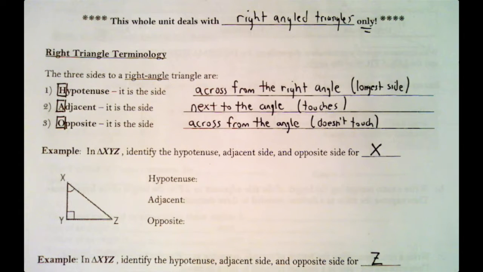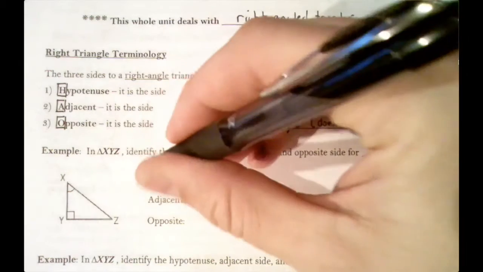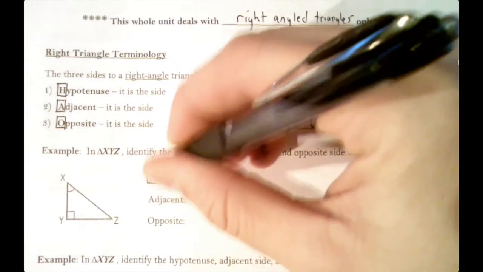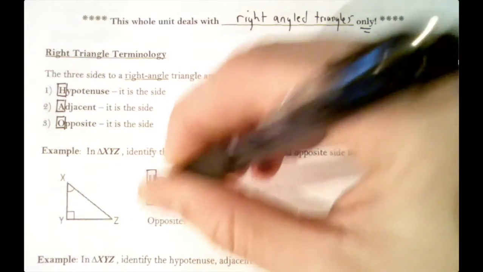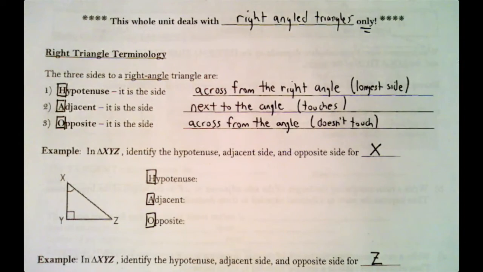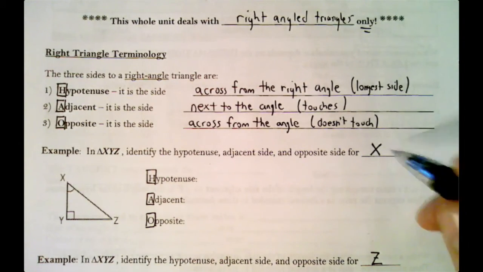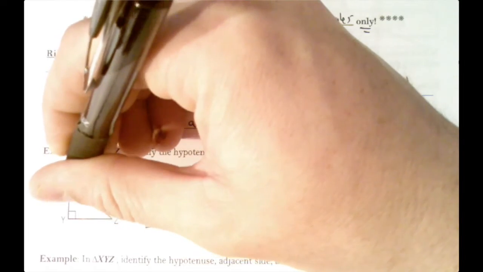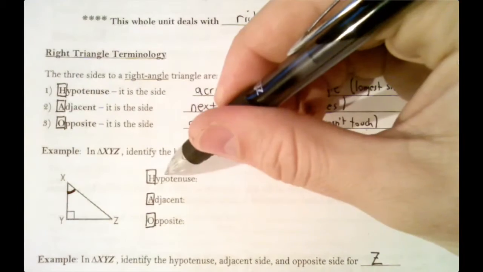So let's start by labeling from X. We're going to label the hypotenuse with an H, the adjacent with an A, and the opposite with an O. Since we're labeling from X, we're going to put a little mark here to say from X. We're going to start with the hypotenuse.